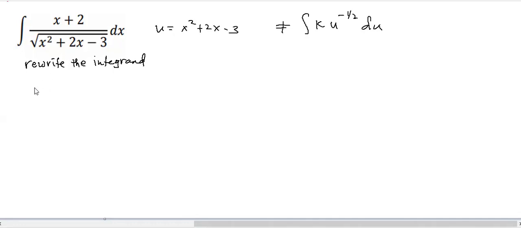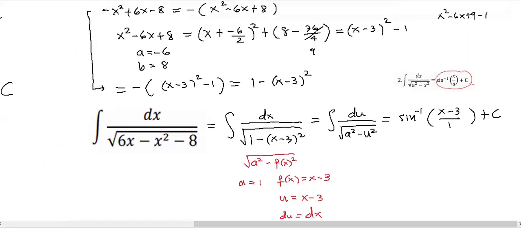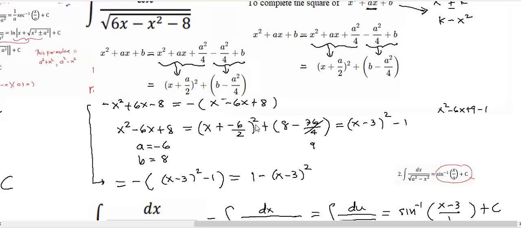So meron tayong x squared plus 2x minus 3. So let us complete the square of this. So how do we complete the square? Ano yung formula natin? Ito yan. So select this one. Okay. Copy and then paste.